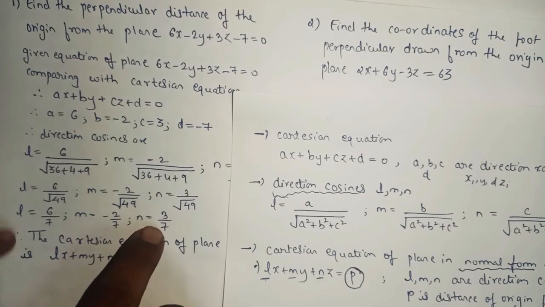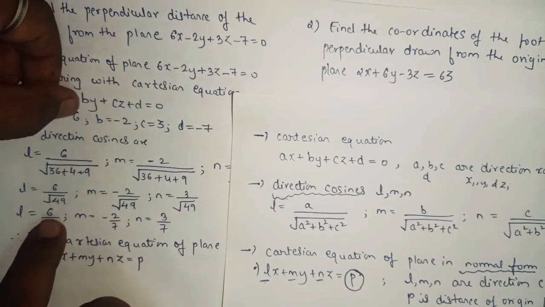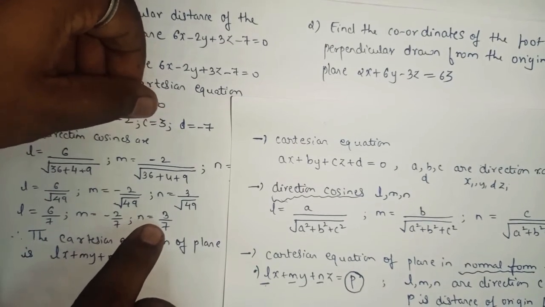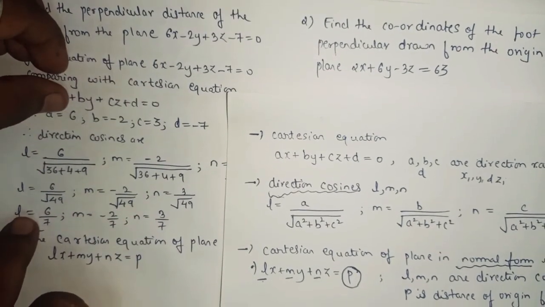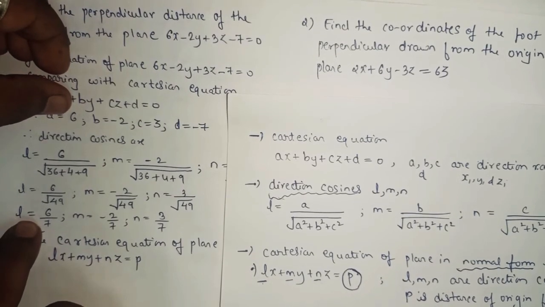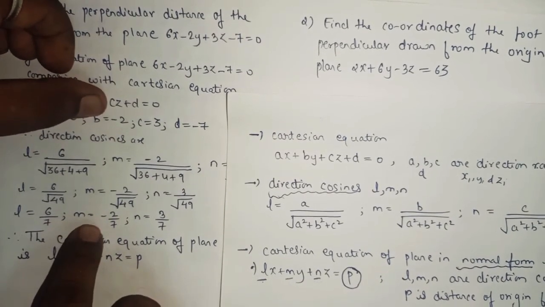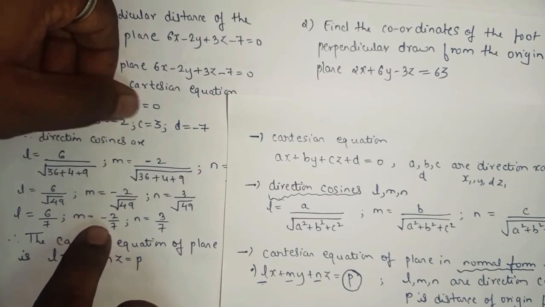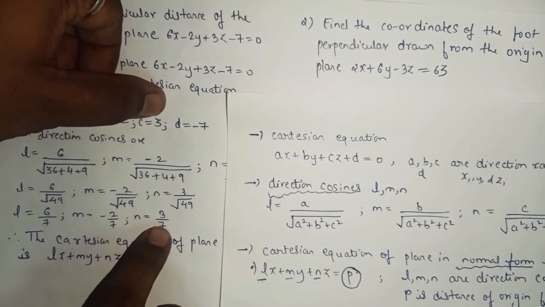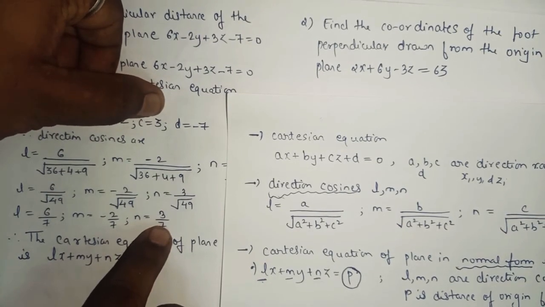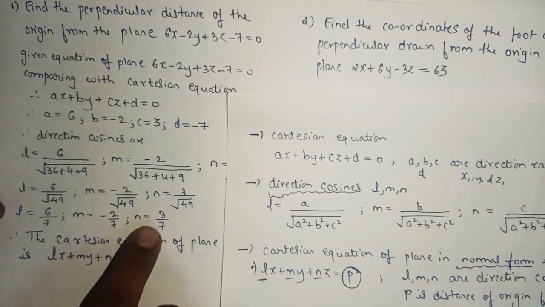Can you see the value of a is 6, the value of b is minus 2, and the value of c is 3. So the direction ratio is 6, and here we got the direction cosine as 6 upon 7. Direction ratio is minus 2, and we got minus 2 upon 7 as direction cosine. Direction ratio is c equals 3, and we got direction cosine 3 upon 7.